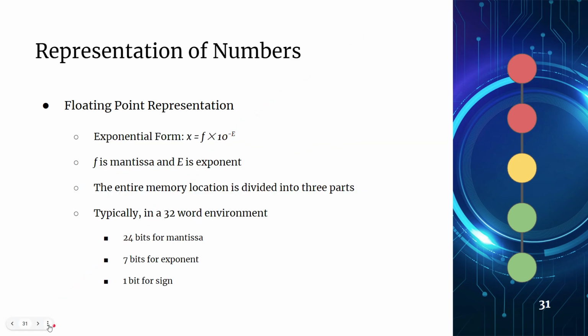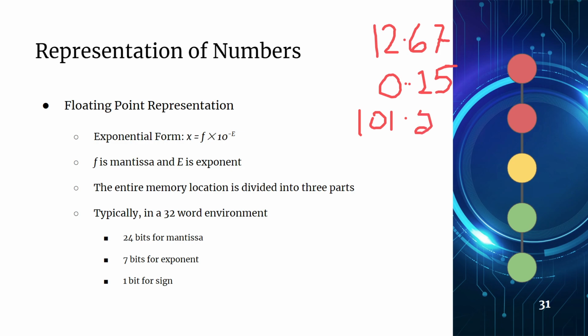Suppose that you are given the number 12.67, or 0.15, or 101.5, or even 0.002. These are all examples of floating point numbers, right?